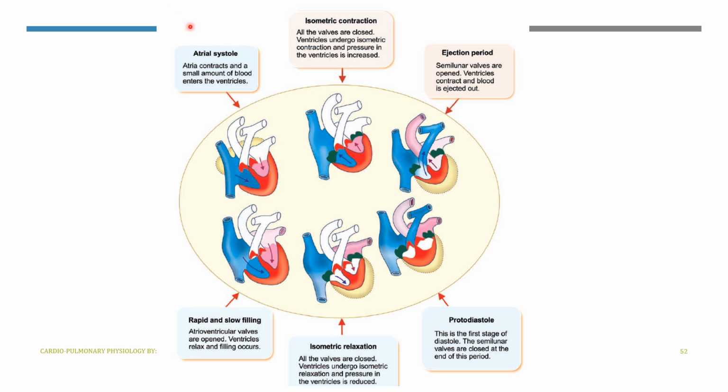Now what happens? Isometric contraction. At this stage, all the valves are closed in the heart. So ventricles undergo isometric contraction and pressure in the ventricles will increase. Now blood is in the ventricle. Because all these valves are closed, there is no pressure difference, and without any pressure difference, blood cannot travel from one chamber to another chamber.